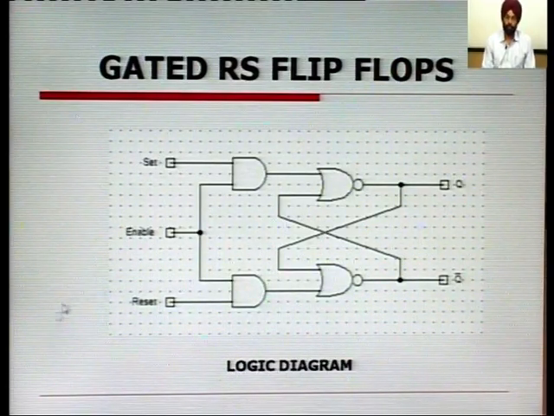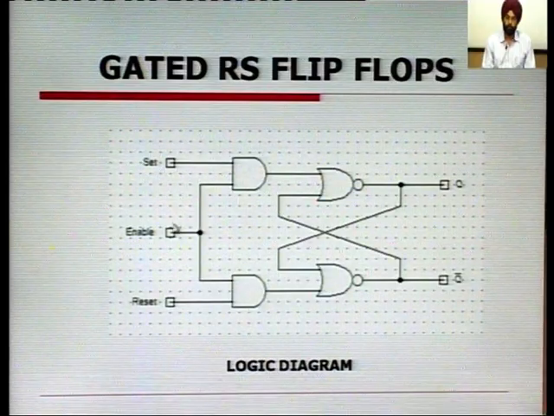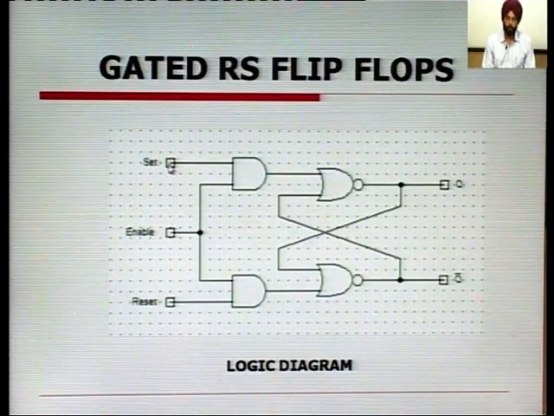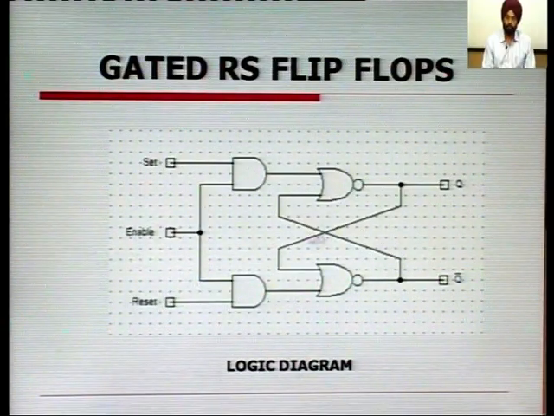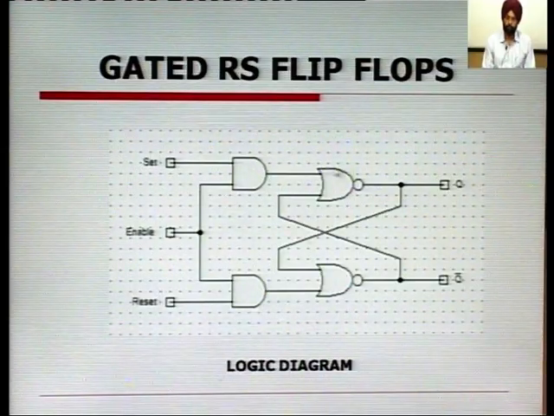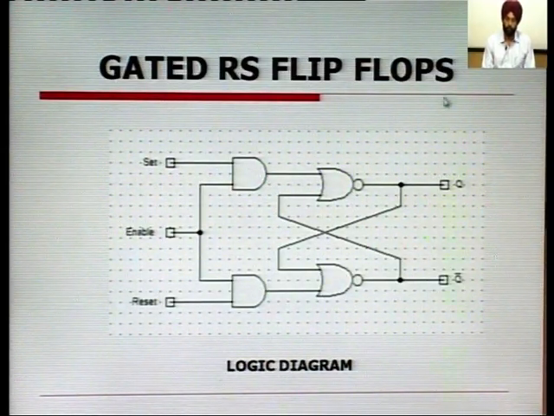Now, in digital circuits, sometimes an additional input is added, which is known as the enable input. When we add this additional input before giving the R and S inputs to the latch or flip-flop, this type of flip-flop is known as the gated RS flip-flop.